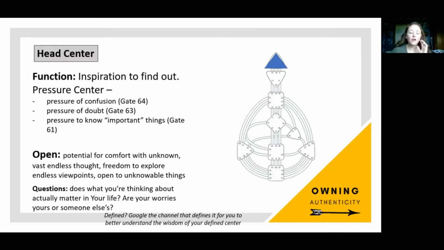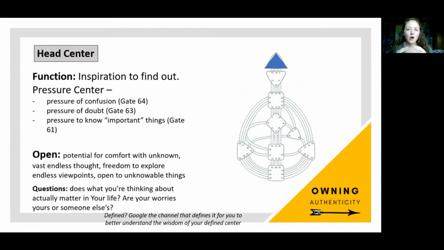All of these pressures are giving you the question. I saw on one of the sites, picture the head center like a giant question mark. What questions are coming in? The ajna center is the second one. That's our thinking mind. When you think about your thoughts and your problem solving brain, that is your ajna center.